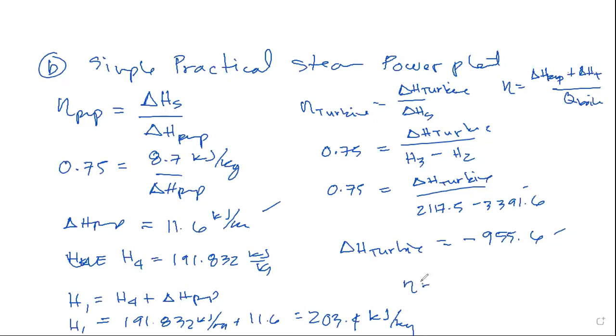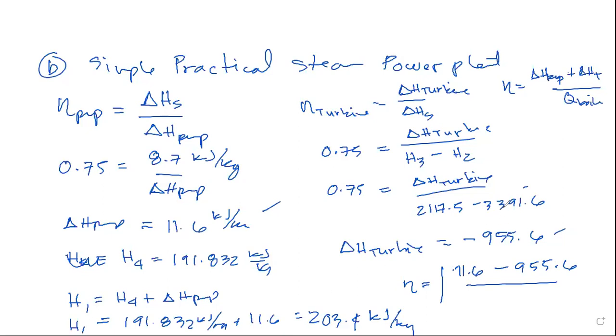So, efficiency ng simple practical, yung efficiency niya is absolute value ng delta H pump 11.6 minus 955.6 tapos divided by H2. Ang Q boiler is H2 minus H1.